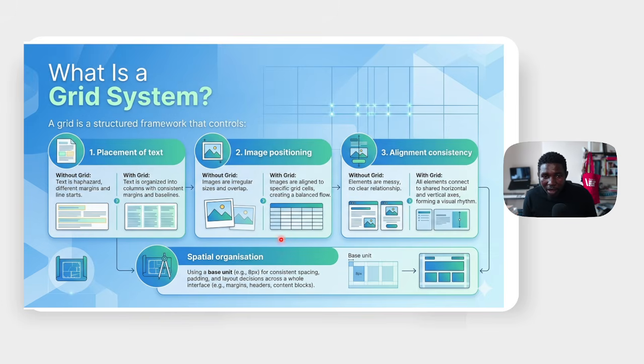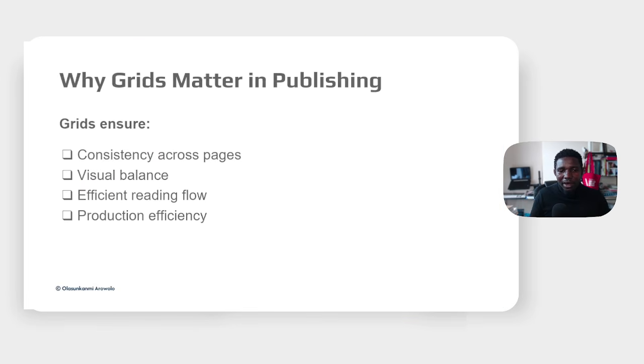With a grid system, you have this. Without a grid, it's just scattered everywhere. And alignment is key. With a grid, look at how the alignment is. Without it, it could just be anyhow. This thing looks dynamic and cool, but not necessarily. So, your spatial reasoning really matters. Understanding what the grid system is is very key.